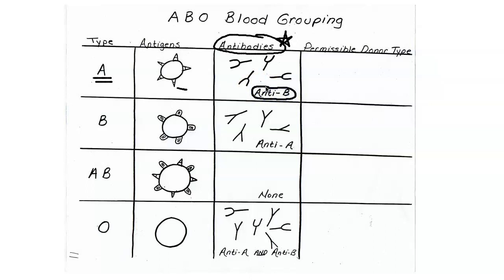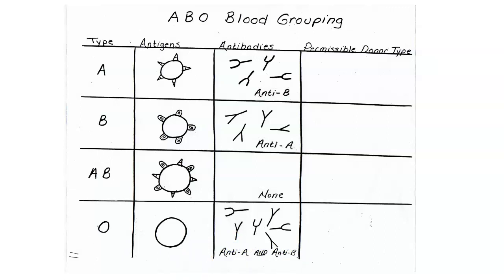A person with type B blood is automatically circulating anti-A antibodies. A person with type AB blood, because they have both sugar A and sugar B, wouldn't produce antibodies against either of those antigens. But a person with type O blood, who doesn't have sugar A or sugar B, will produce antibodies against both A and B.